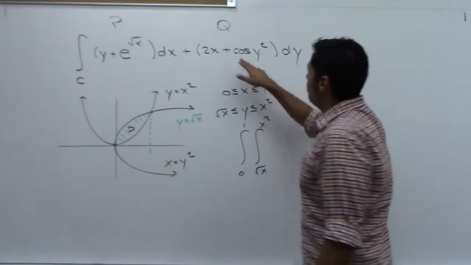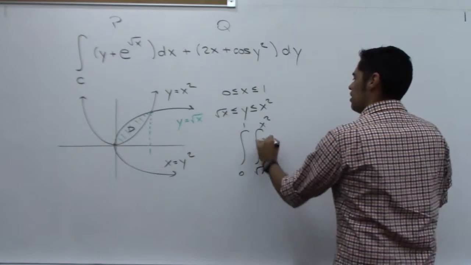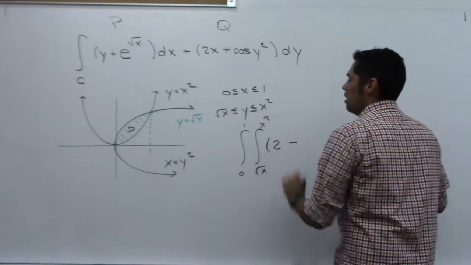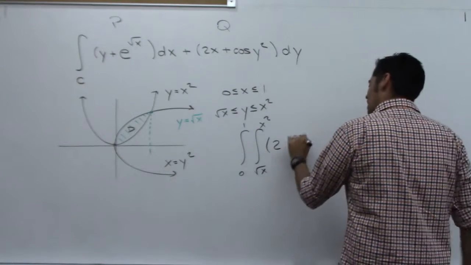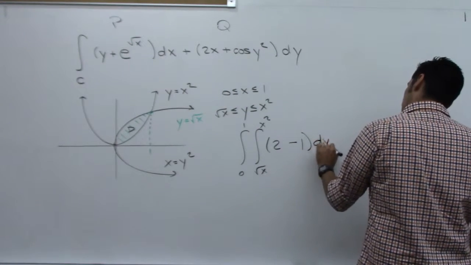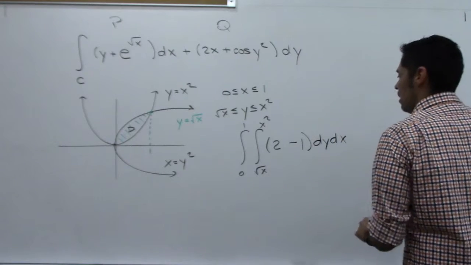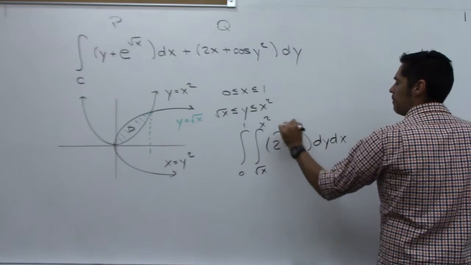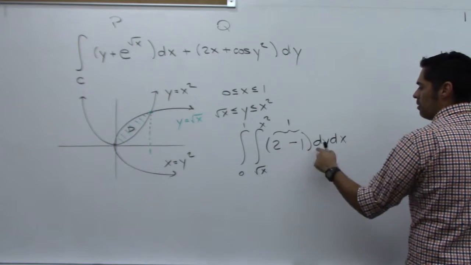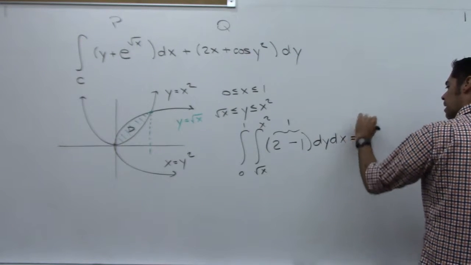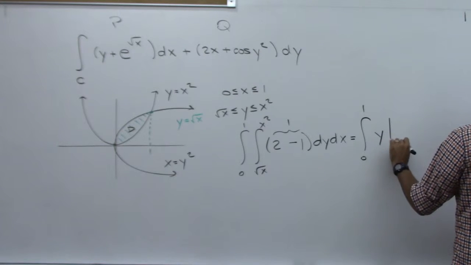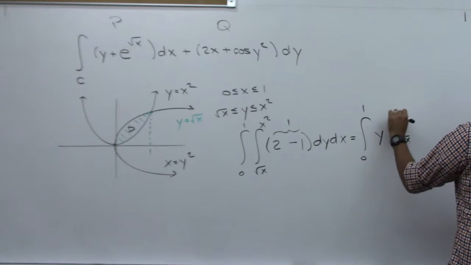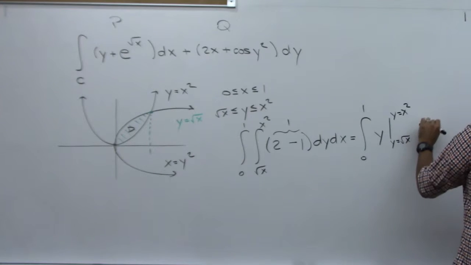The partial of Q with respect to x is just 2, nice, minus the partial of P with respect to y, which is just 1, isn't that nice, dy dx. So this is just 1. The antiderivative of 1 with respect to y is just y, so we get the integral from 0 to 1 of y evaluated from y equals root x to y equals x squared dx.